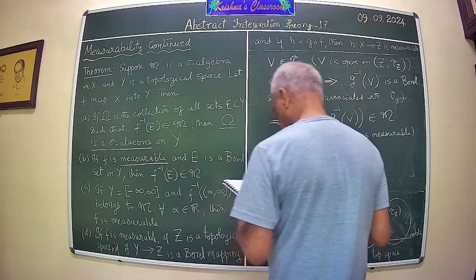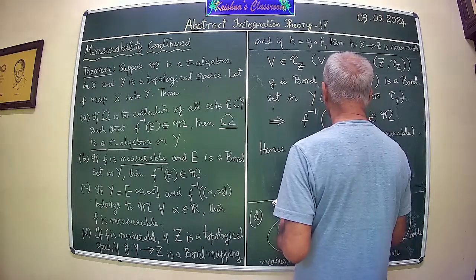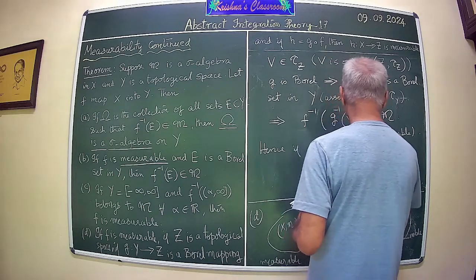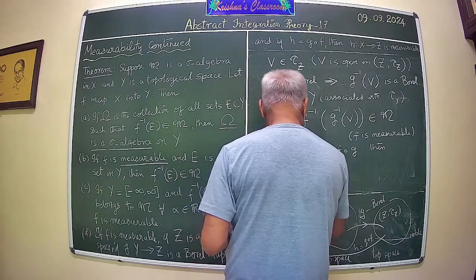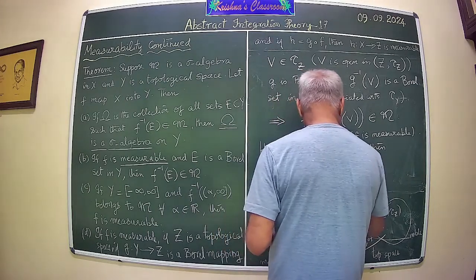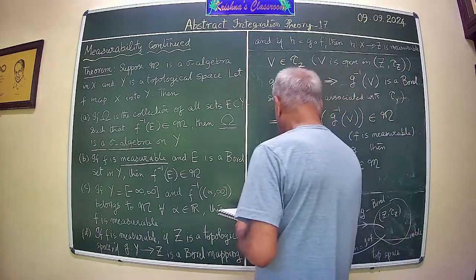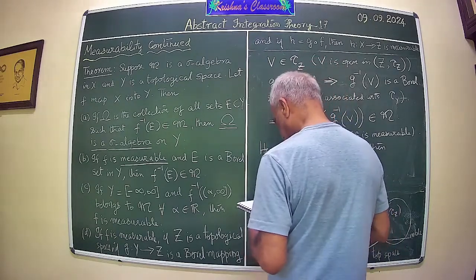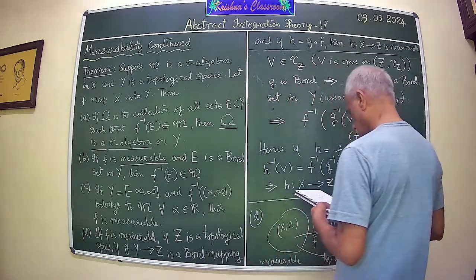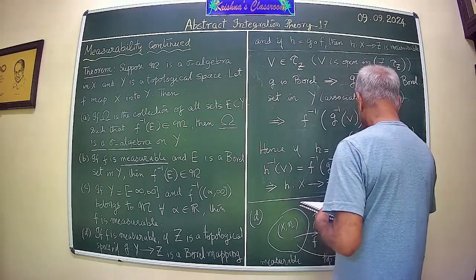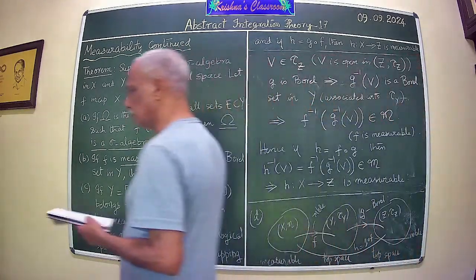H is equal to, then H inverse of B equal to, which belongs to, that means, which implies, now this is what we want to conclude. This completes the proof of this theorem.